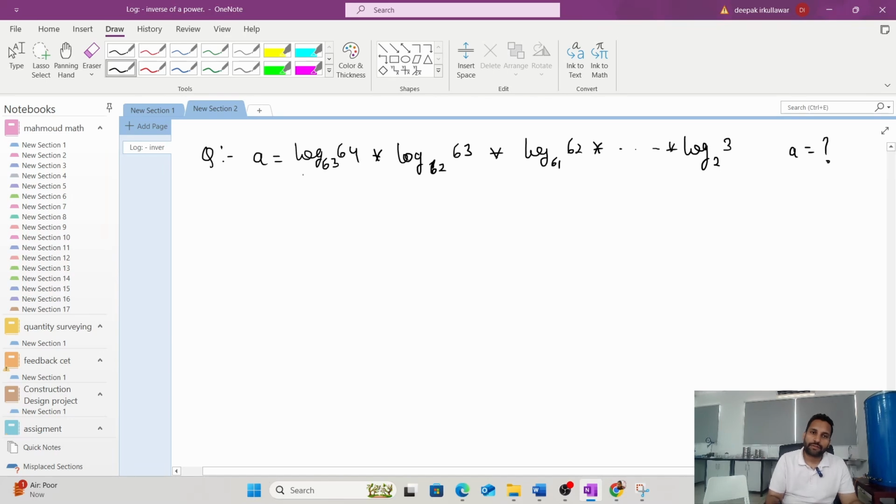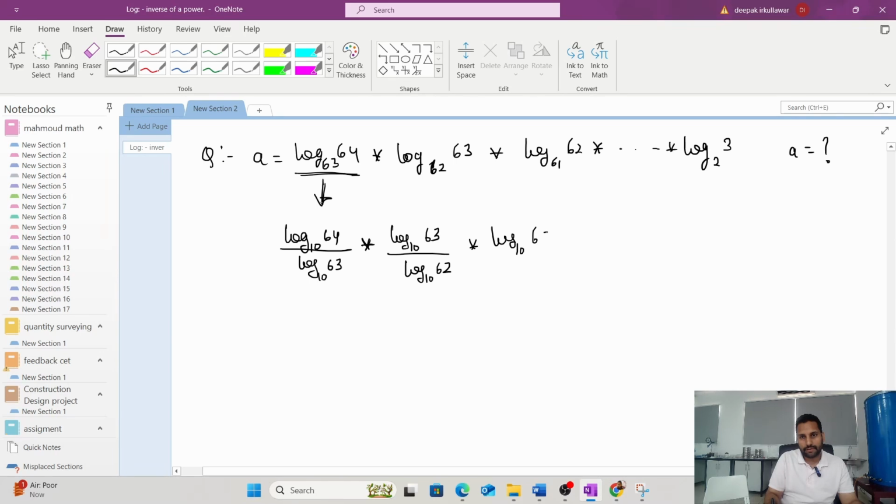So if I change the base, the first one would be log 10 of 64 divided by log 10 of 63. Log 10 is nothing but log. Times log base 62 of 63, which can be written as log 10 of 63 divided by log 10 of 62. This can be written as log 10 of 62 divided by log 10 of 61.